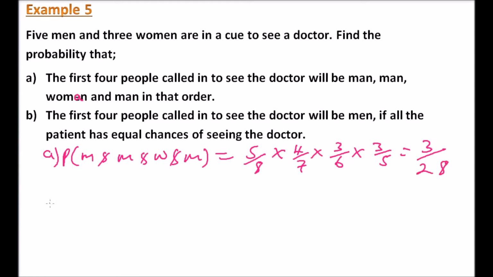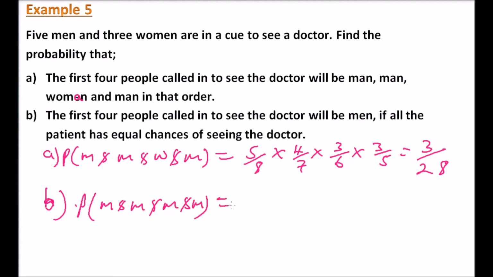We come to part B of the question. The first 4 people called are men, so you have 5 over 8 multiply, just say, so we say probability is a man and man and man and man.